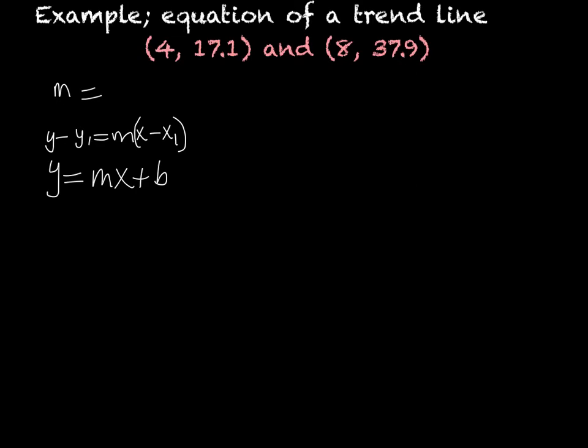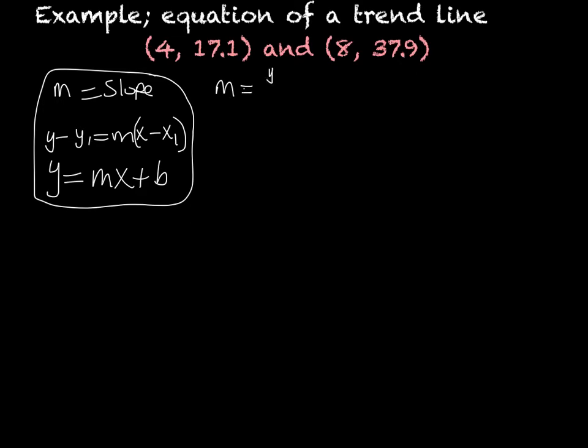So first thing is we need to find our slope. Okay, so m is going to be equal to my y1 minus my y2 over x1 minus x2. So my x1, y1, x2, y2.